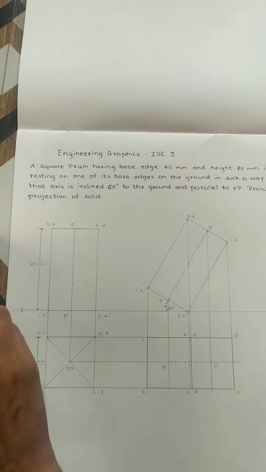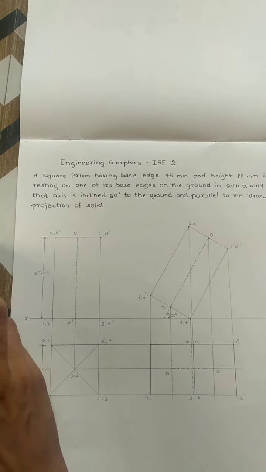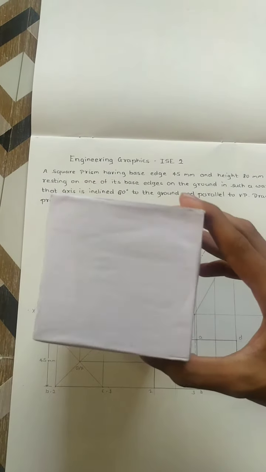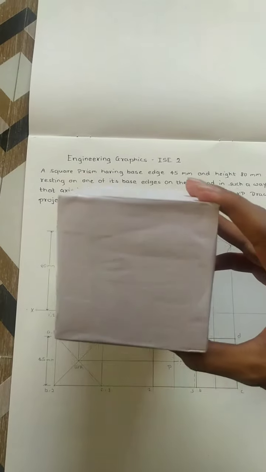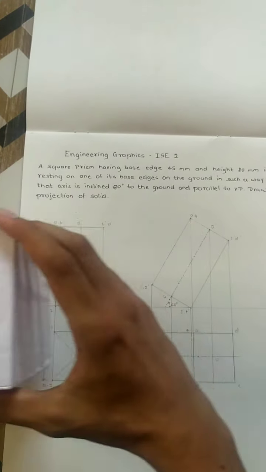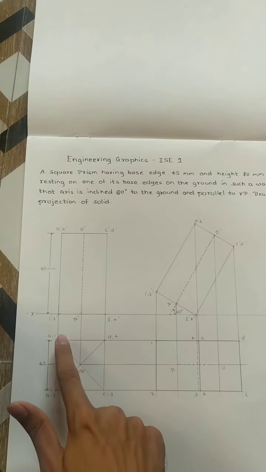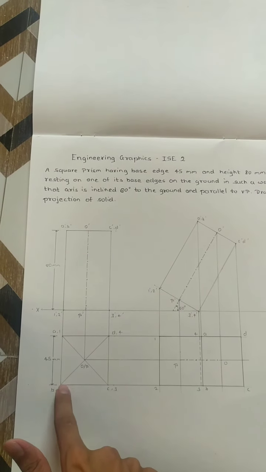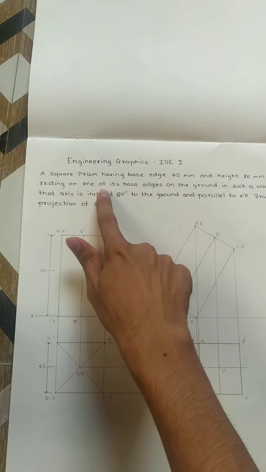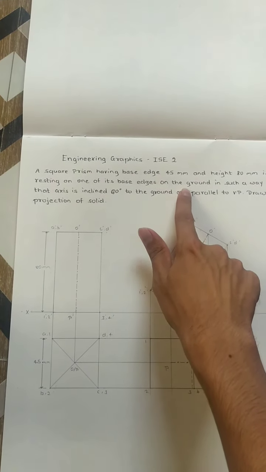While solving a problem of projection of solid, we first have to draw the true shape, and the true shape of a square prism is a square from the top view. We draw the top view as the true shape because it is mentioned that it is resting on one of its base edges on the ground.